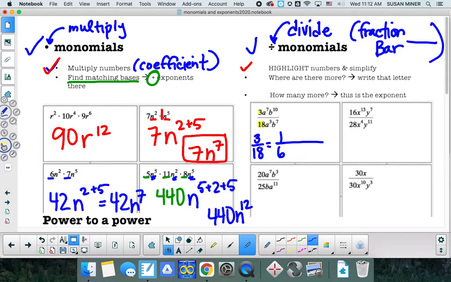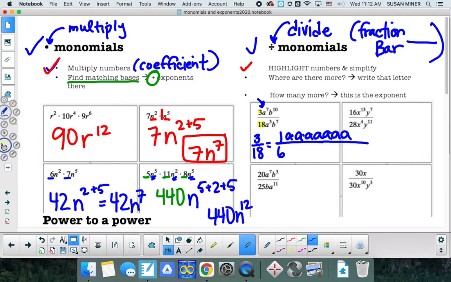Then let's expand this out and see what's happening in order to determine what our rule is going to be, right? So this is a to the 7th. So I have 7 a's, 1, 2, 3, 4, 5, 6, 7. And these are all being multiplied together, right?